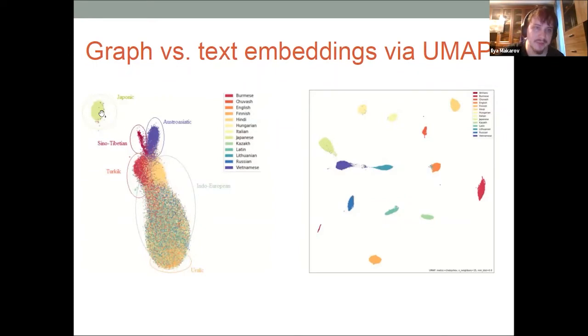For example, Japanese languages and Turkish languages, two families of languages, were separated very well. But compared to text embeddings, of course, we have much better results regarding the separation of this text. It's also some kind of understanding that graph embeddings may work out, but right now we need more novel and maybe more advanced models to proceed further with this kind of method.